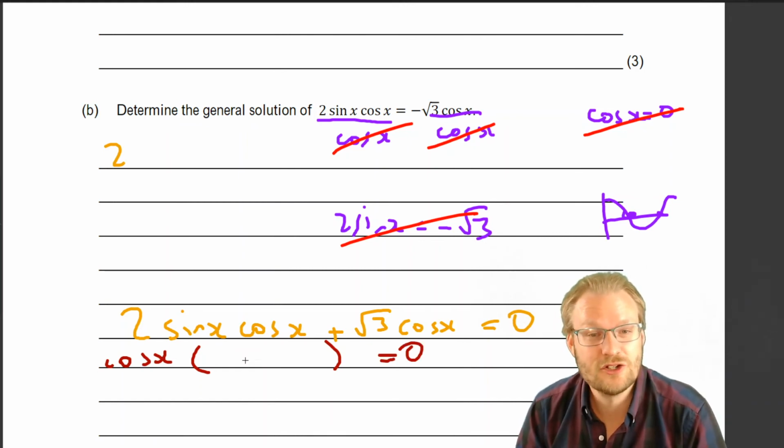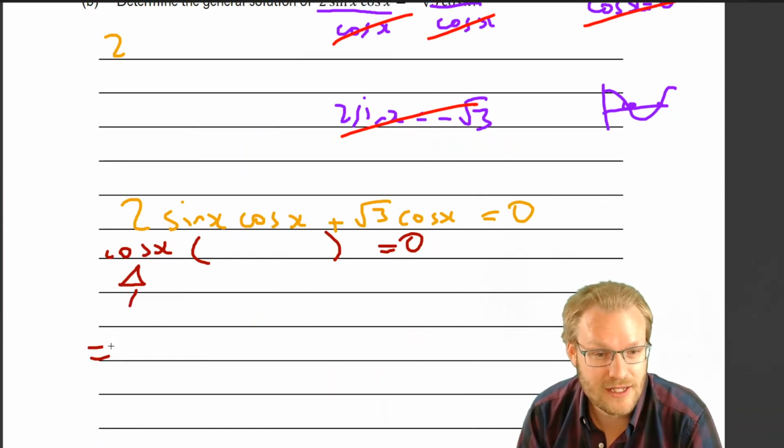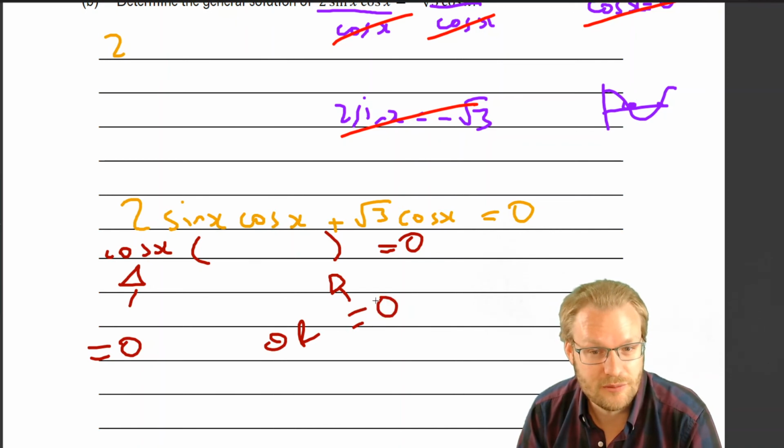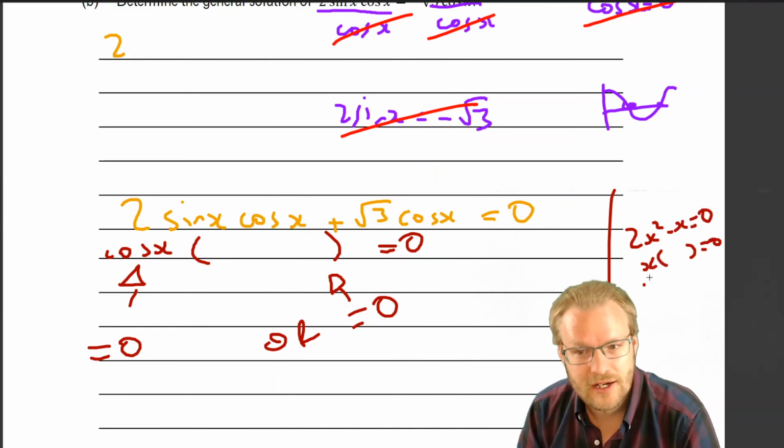When you multiply 2 things and their product is 0, hey presto, either that one's 0 or that one's going to be 0. Similar to if you were given something like 2x squared minus x equals 0, you take out a common factor and that would be 0 or that would be 0.